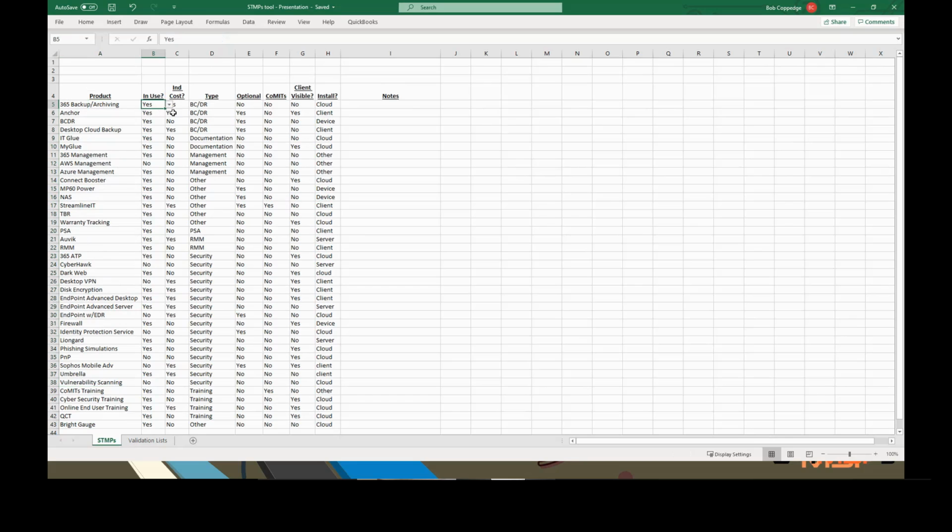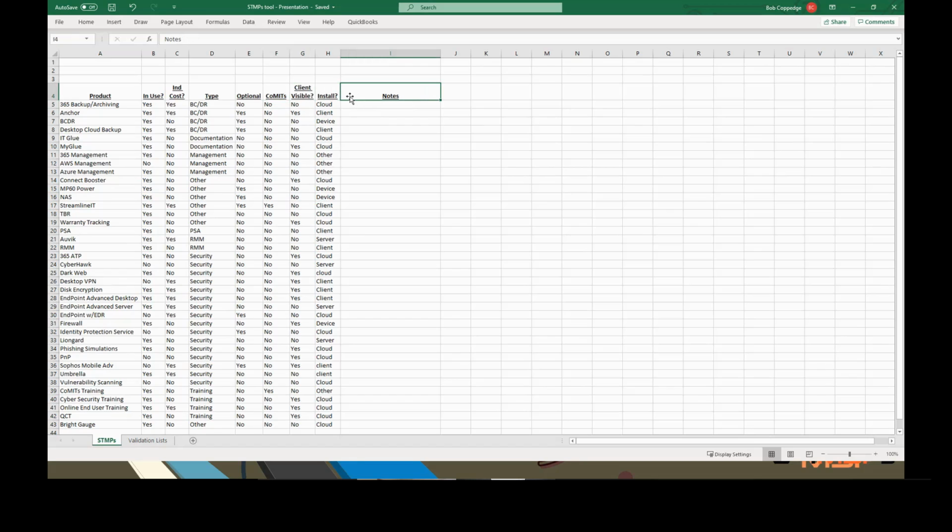And again, whether or not it's in use, is there an individual cost, put some categorization to it. Is it optional? Is it specific for Comets? Because stamps are for all clients. And then does it face the client? In other words, does the client end user actually have a role in it? And then what type of installation it has, and then any particular notes.